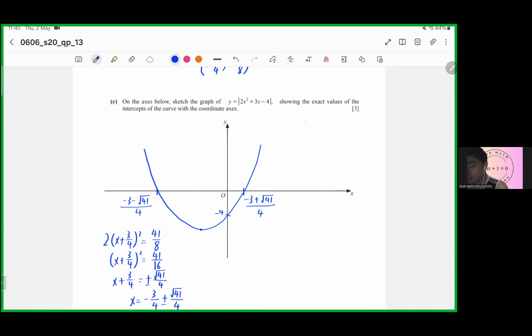But the question asks to show it in modulus form, so we can erase this part.